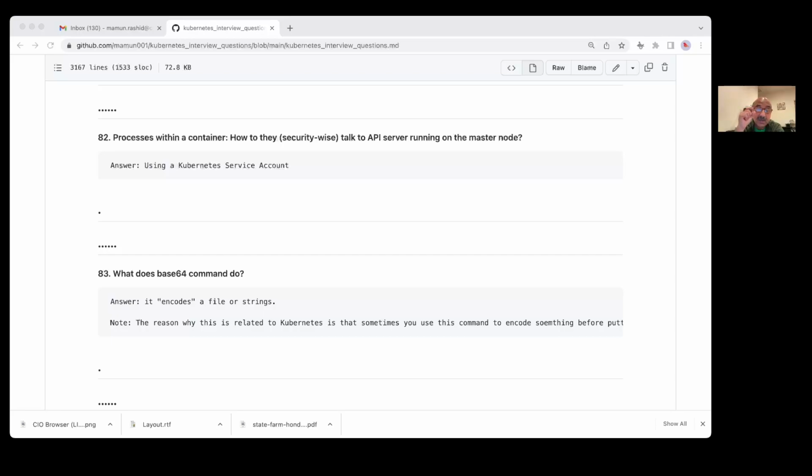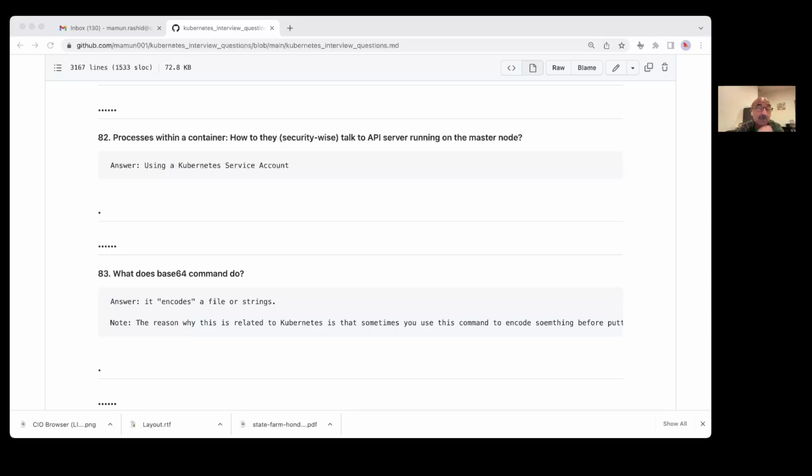That default service account comes with certain default privileges, and so when you create a pod or a container, the certificate is actually handed over to the API server, so then the API server can respond accordingly.